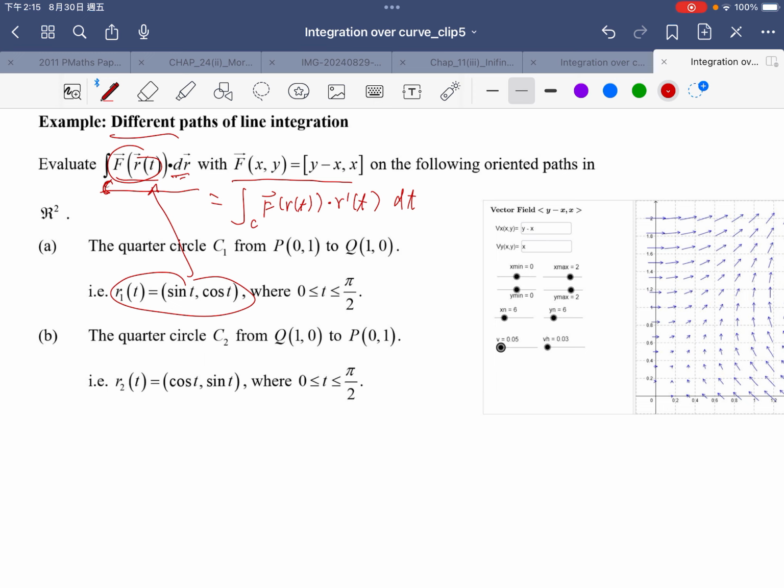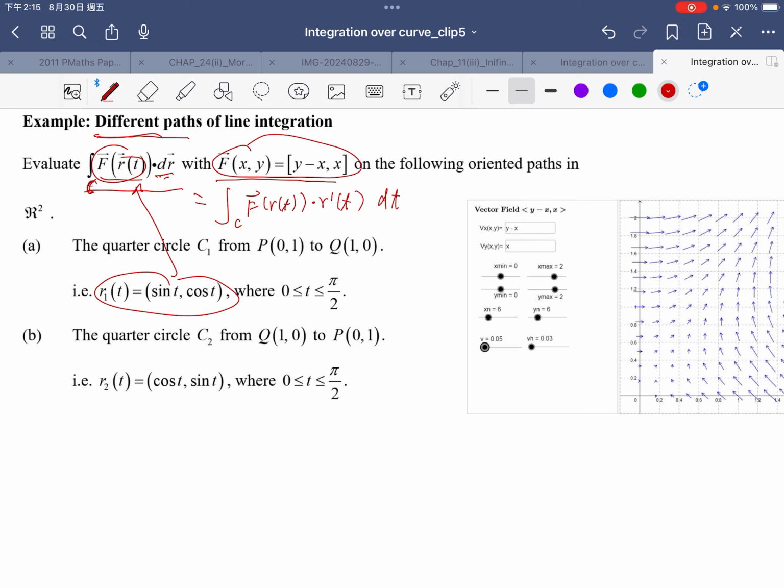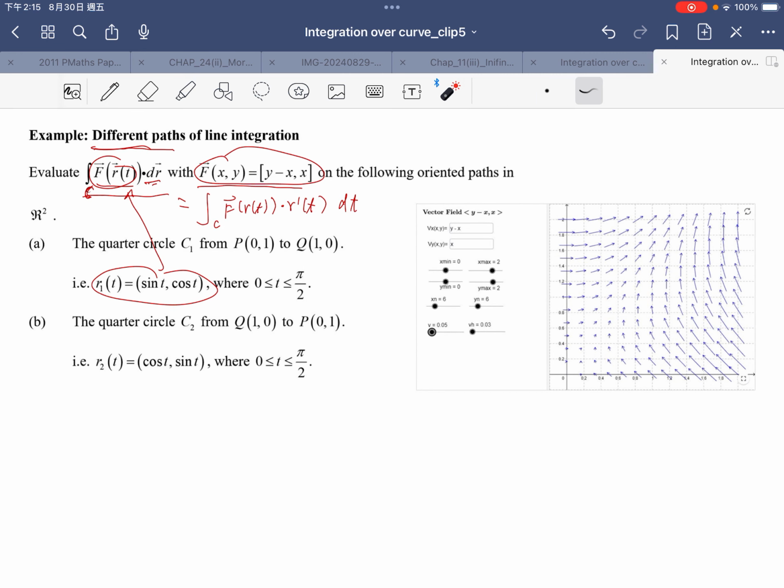This example will demonstrate the effect of two different paths on the line integral over a vector field. First, the vector field is F(x,y) equal to (y minus x, x) in two dimensions.